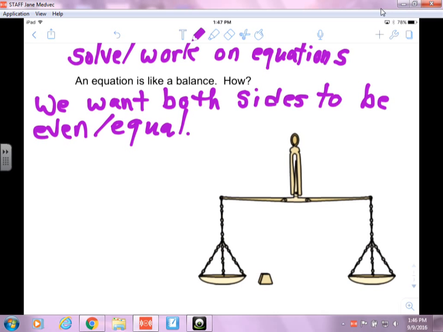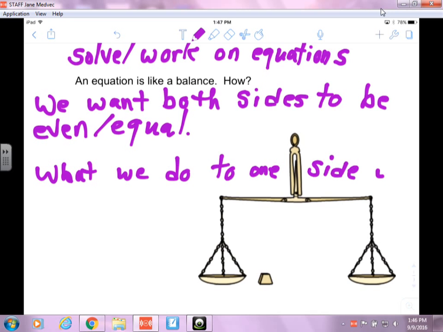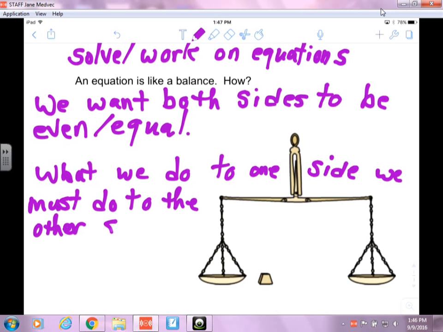So what we do to one side, we must do to the other side.